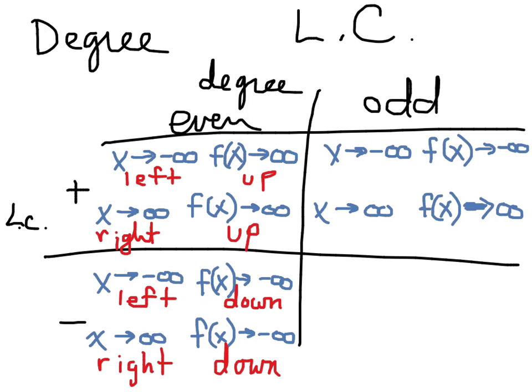What does x approaches negative infinity mean again? On the left side, where is it going to go? Down. And what's x approaches positive infinity again? The right side, what's it going to do? Go up. So if it's odd positive, on the left side it goes down, and on the right side it goes up.